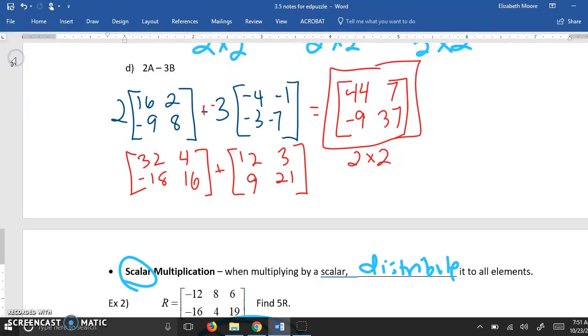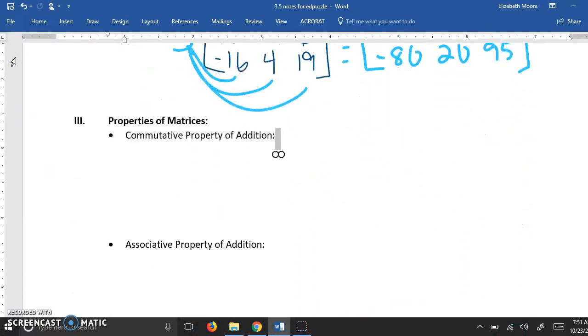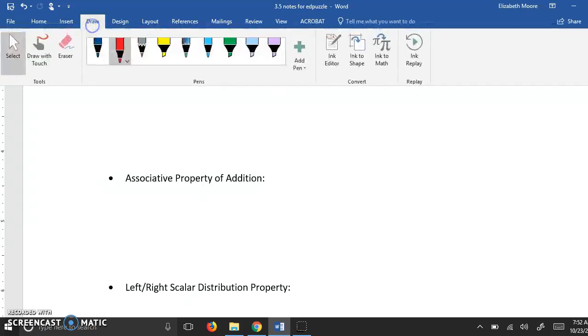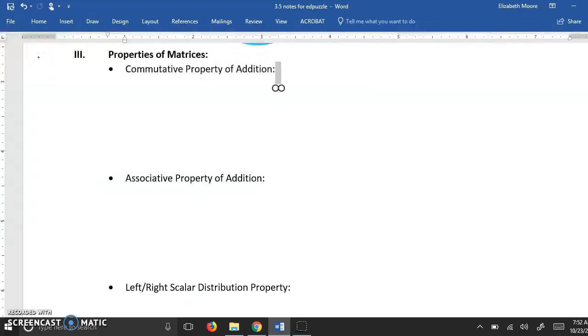The last thing we want to do is look at a few properties of matrices when it comes to addition. The first property is the commutative property of addition. When we talk about the commutative property with multiplication, you think of it as order doesn't matter. Same thing with the commutative property of addition for matrices. The order does not matter.